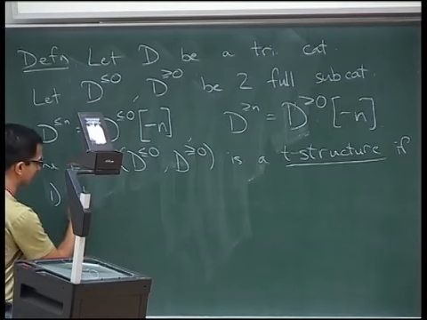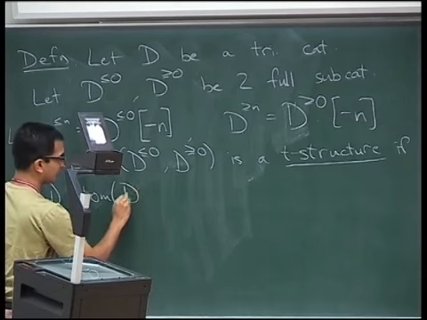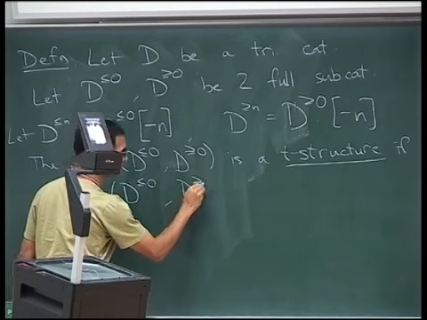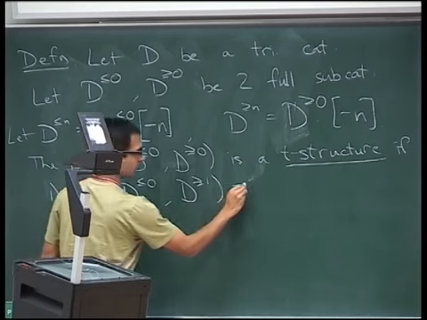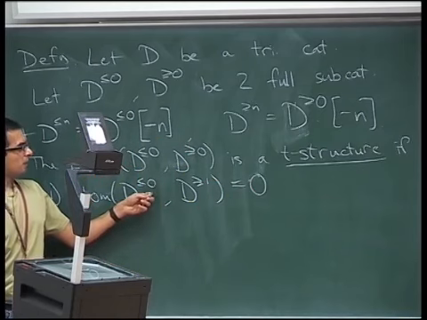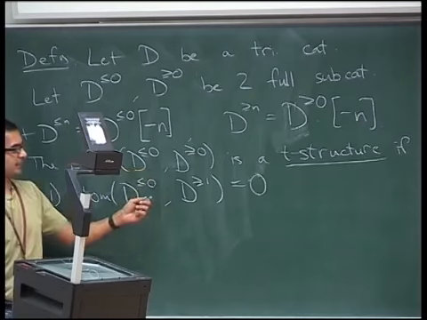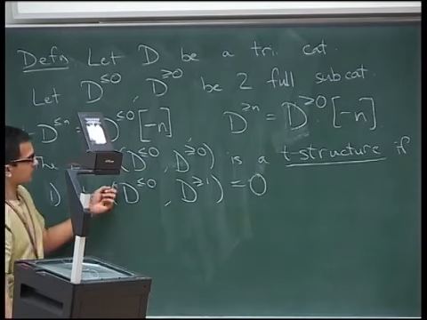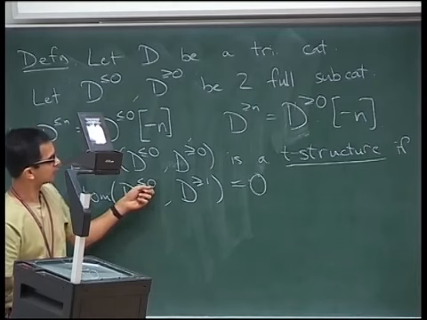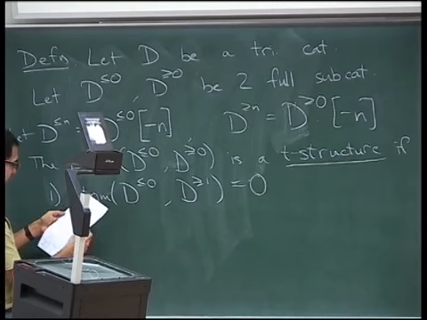So the first is that there are no non-zero morphisms between an object of D less than or equal to 0 and an object of D greater than or equal to 1. Of course, if you shift a pair of objects in a triangulated category, then the morphisms don't change. So you could change the 0 and 1 to any integer and the integer just after it, and that would be an equivalent condition.